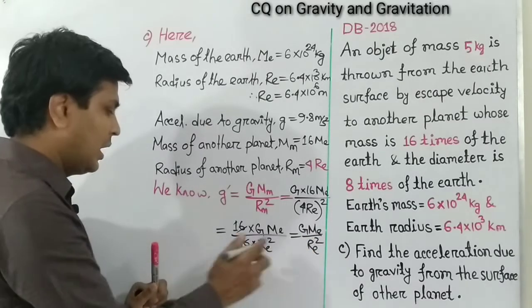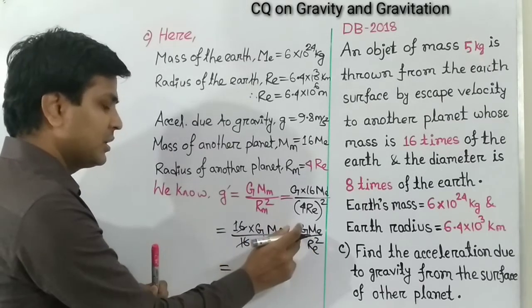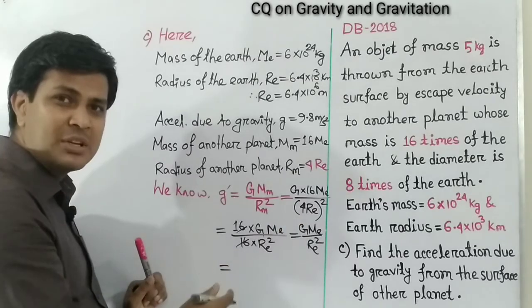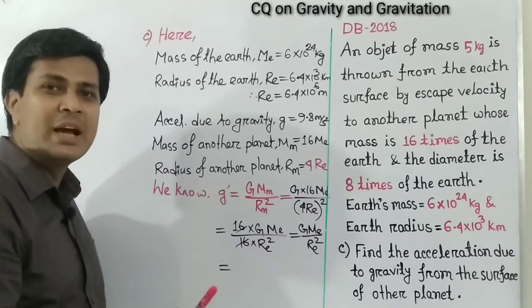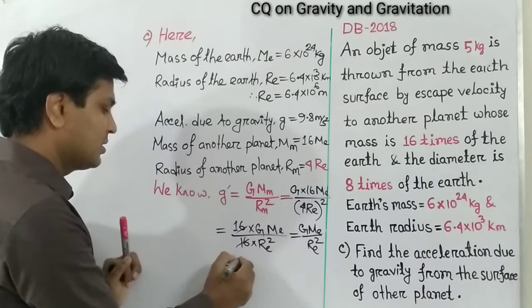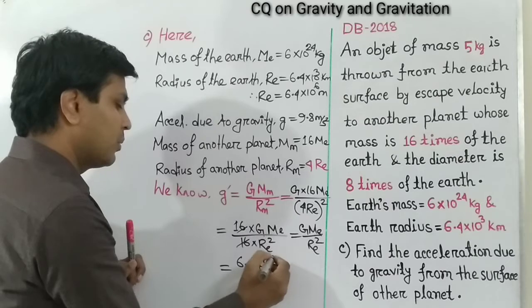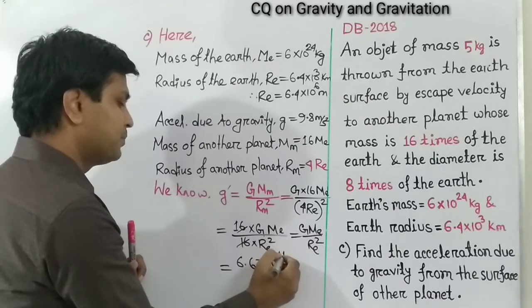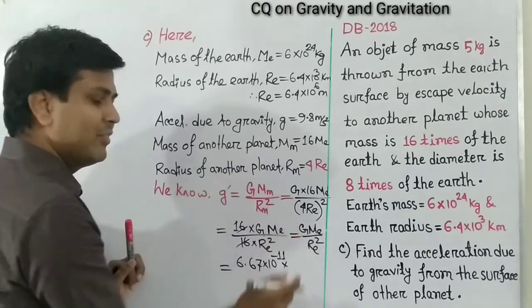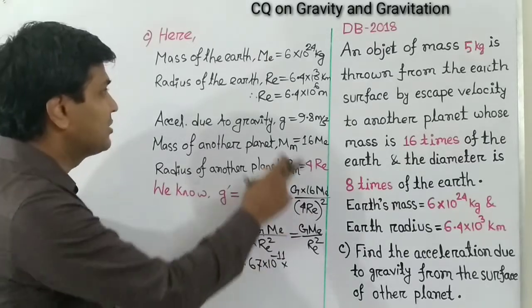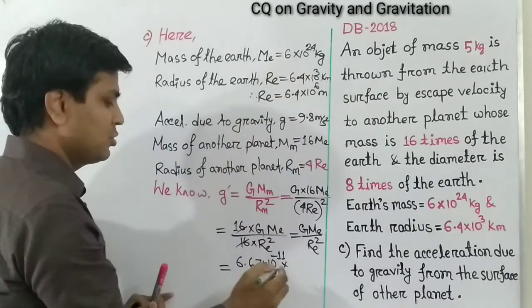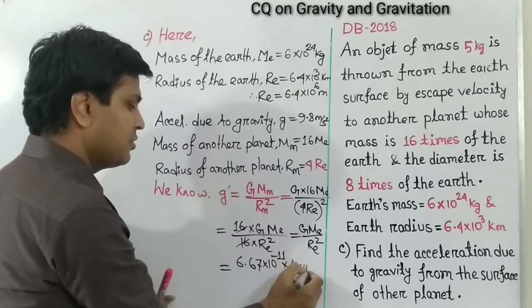Now I am going to put in the value of capital G. We know capital G is the gravitational constant, which has a fixed value of 6.67 into 10 to the power minus 11. And here M is the mass of the Earth, which is given as 6 into 10 to the power 24.